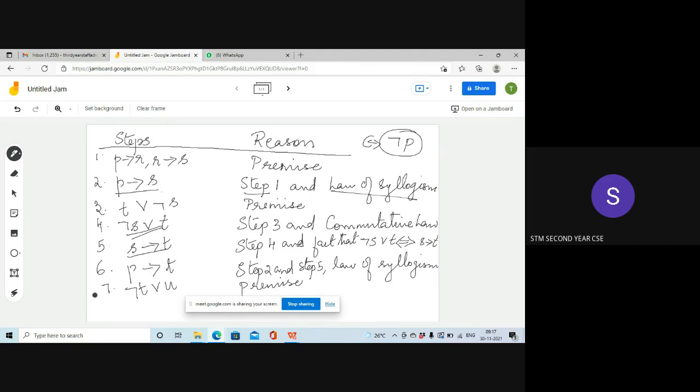And then in the eighth step, I'm again converting it to this form, which we had applied in steps 4 and 5.